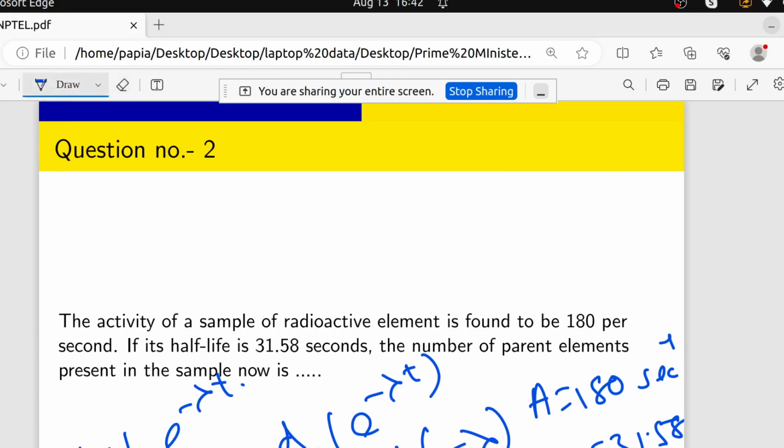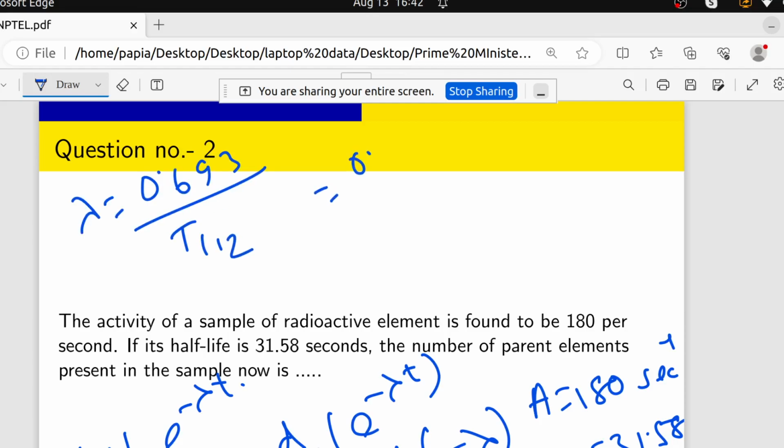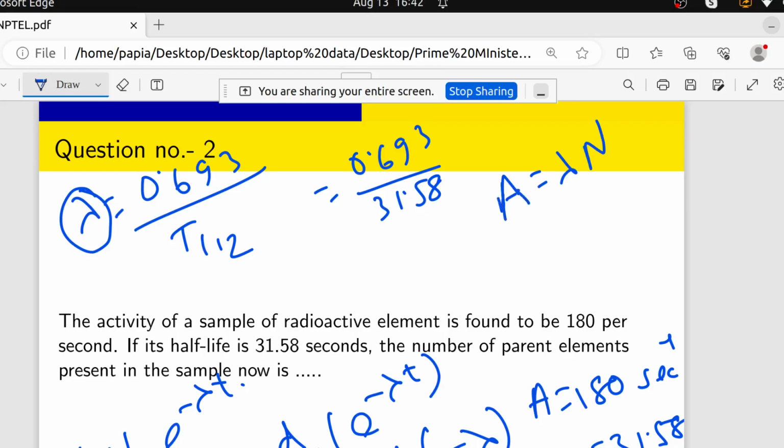The expression is lambda is 0.693 divided by t half. So if I write 0.693 divided by 31.58, that means we can have the value of lambda. So A is lambda into N. So we have A, we have lambda, then we can get N, A by lambda.